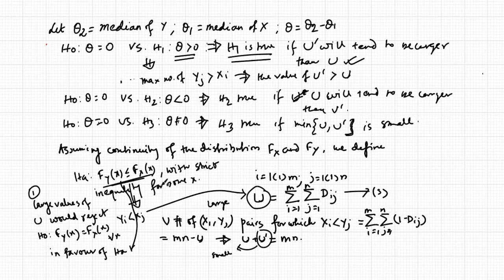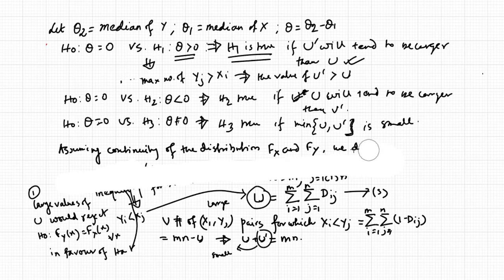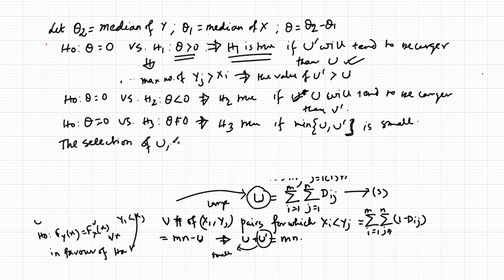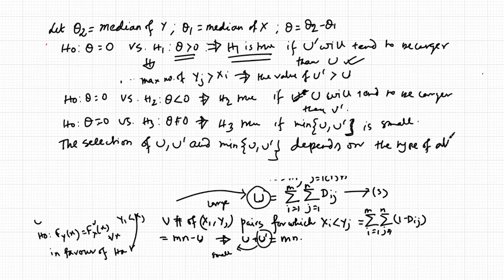So we conclude that the selection of u, u dash, and minimum of u and u dash depends on the type of alternative.